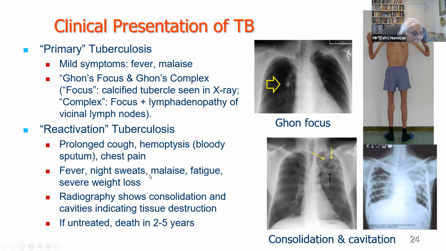It's not uncommon for these patients to lose as much as 20% of their body weight within a matter of months. Radiography will show consolidation as well as cavities. And reactivation TB is lethal within 2 to 5 years if it's left untreated.